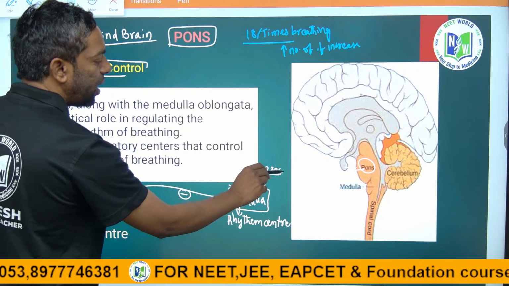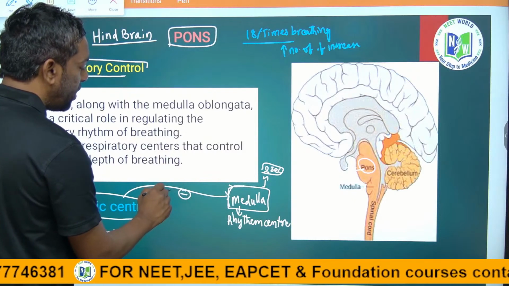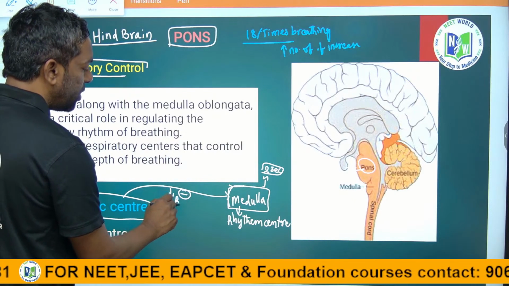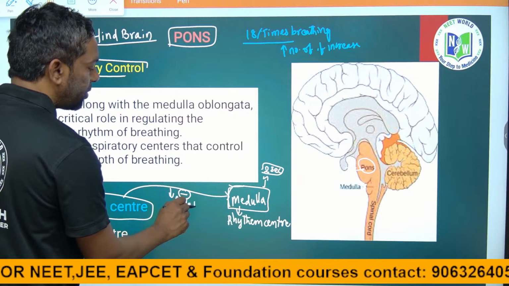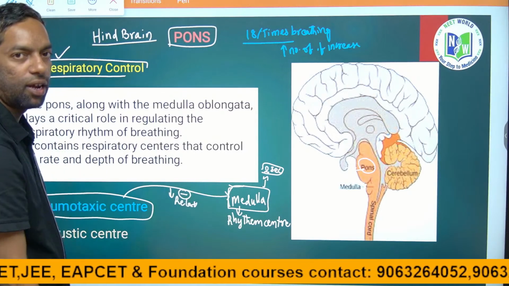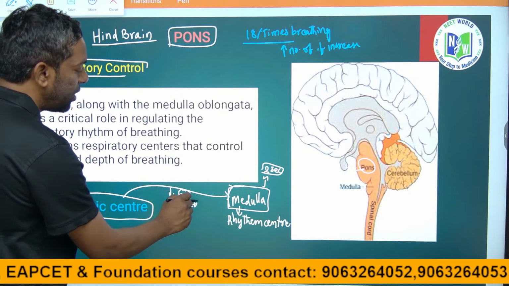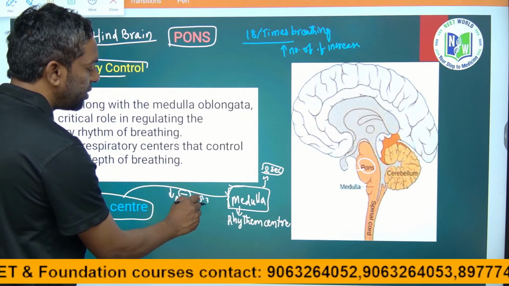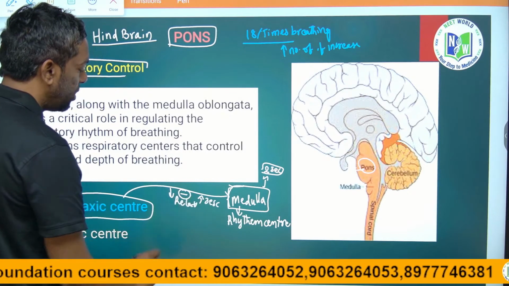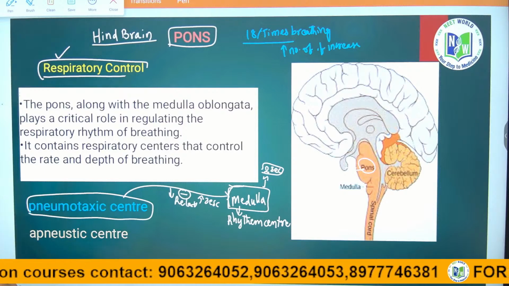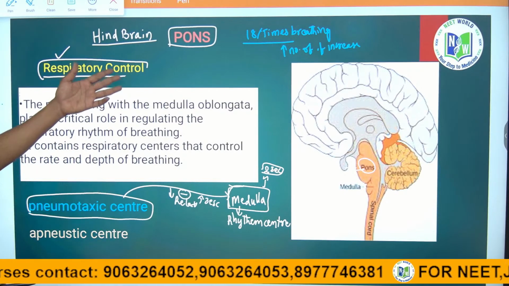It takes 2 seconds, then it will relax. The relaxation takes place in the lungs, up to 3 seconds, through the pneumotaxic area in the pons.